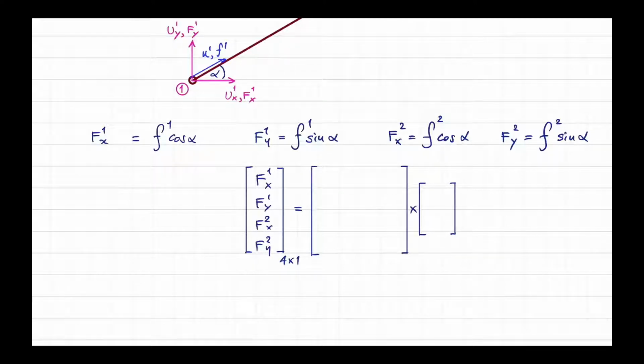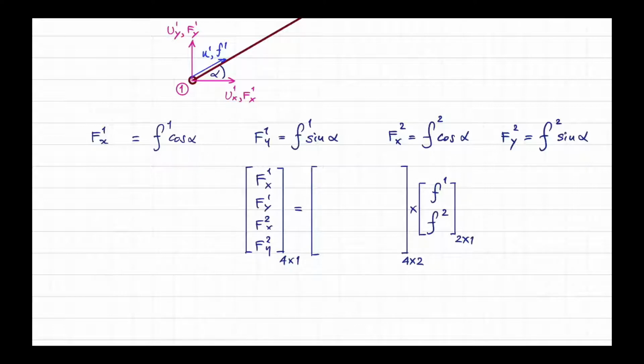That means this matrix has to be 4 by something. Alright, but we want to write the global force in terms of local force. So you know that this has to be f1 and f2, which is the 2 by 1. So here it has to be 4 by 2.